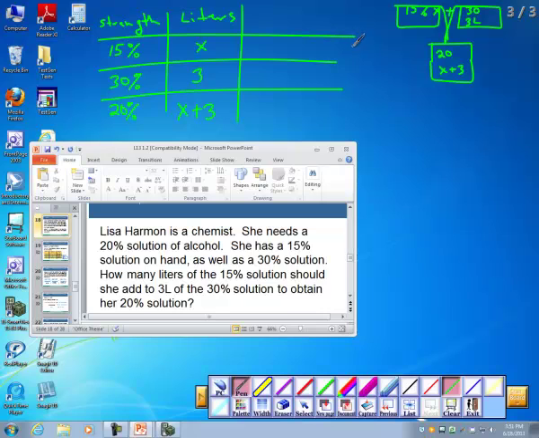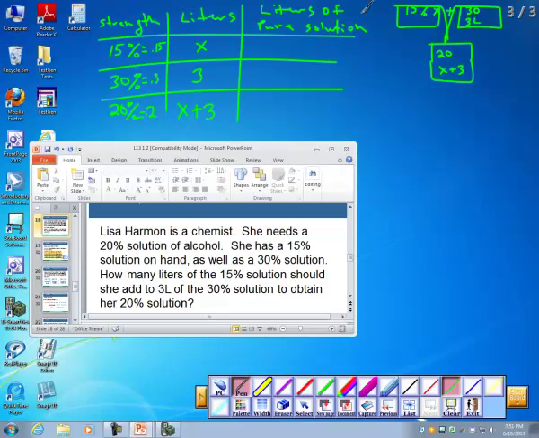Now, in here, we have to use decimals: 0.15, 0.3, 0.2. Here, this is liters of pure solution. It could be alcohol or acid or whatever. Basically, we're just multiplying the two.